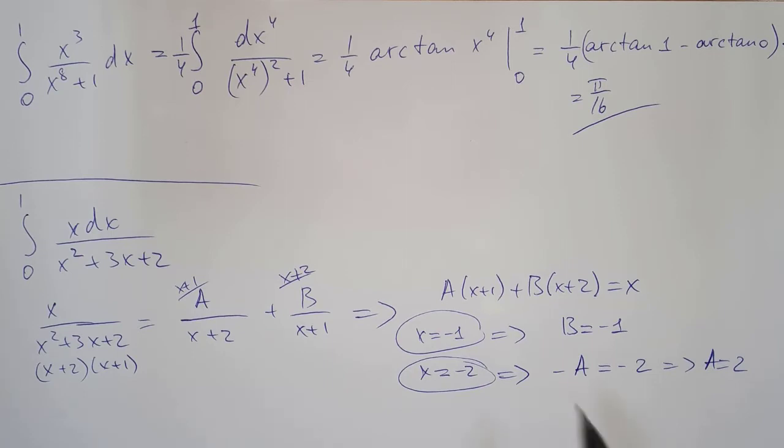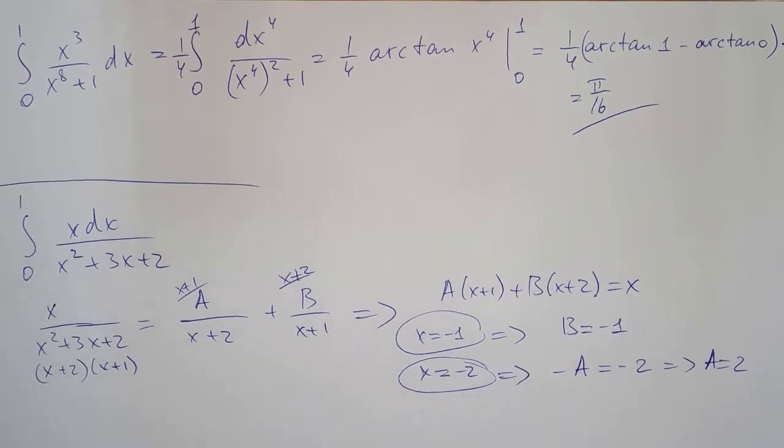Let me check one more time. Yeah, when x is minus 1, this is 0, this is 1, so b is minus 1, correct. And when x is minus 2, it is 0, it is minus 1 minus a, minus 2, correct. Now let me write our integral.